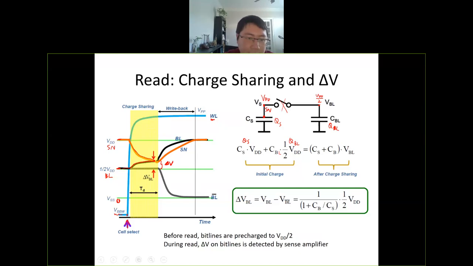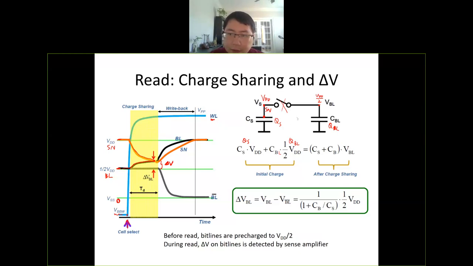The low level of the word line is biased to a negative voltage to reduce the off current through the transistor. We are going to discuss that later when we discuss the retention of the DRAM cell. We want to minimize the off-state current, so we bias the word line to a negative voltage. This is the low level and high level for the word line.